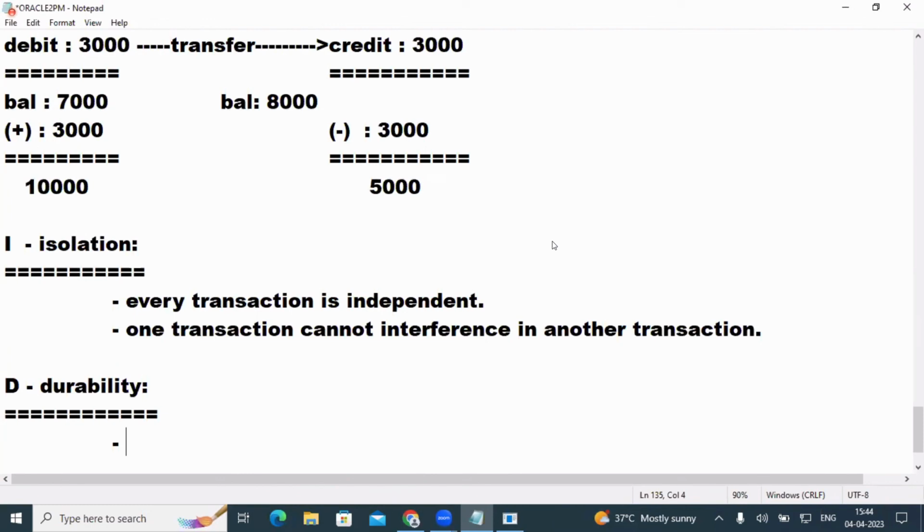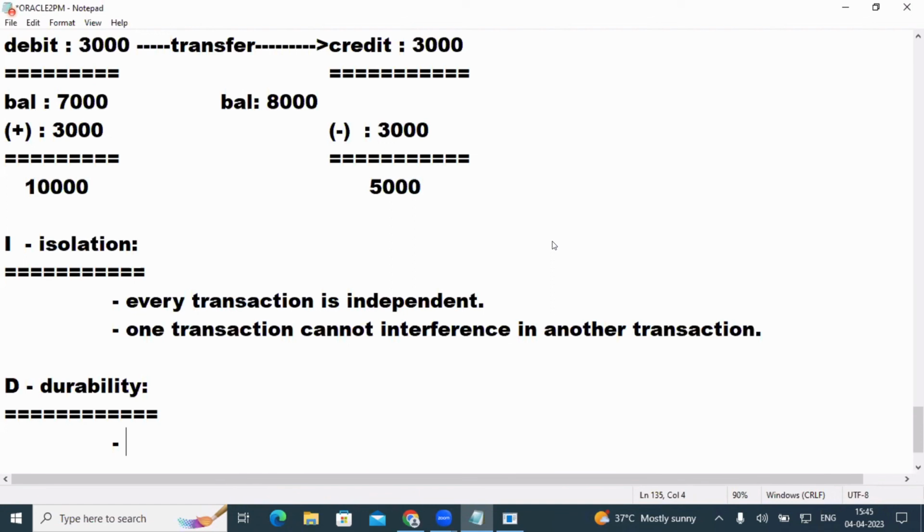of the transaction, you are not committed. In the middle of the transaction, power cut, system shutdown, your mobile switched off, your internet connection deactivated. Now, what happened?